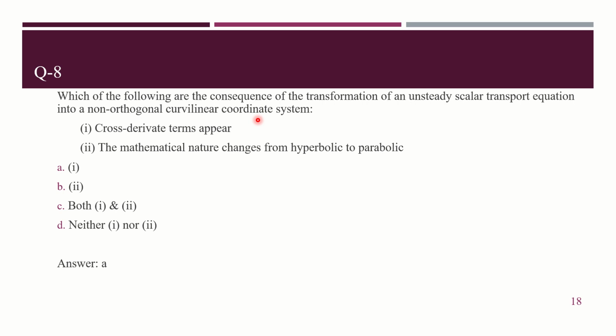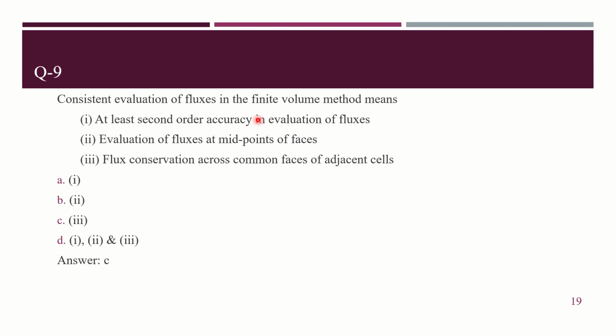So option A it is 1, option B it is 2, option C both 1 and 2, option D neither 1 nor 2. So option A is true because cross derivative terms appear, but mathematical nature does not change from hyperbolic to parabolic. So answer is option A. Let us now go to question 9.